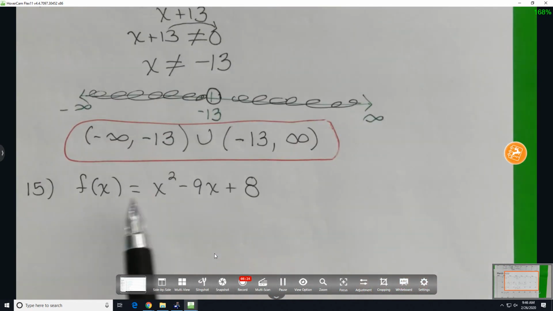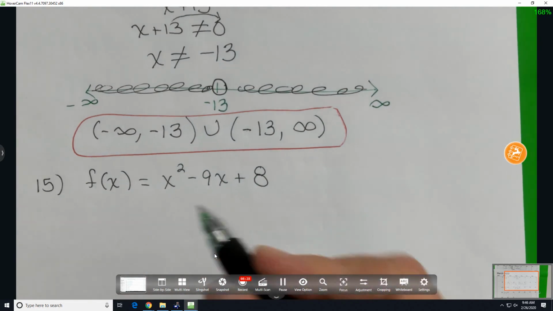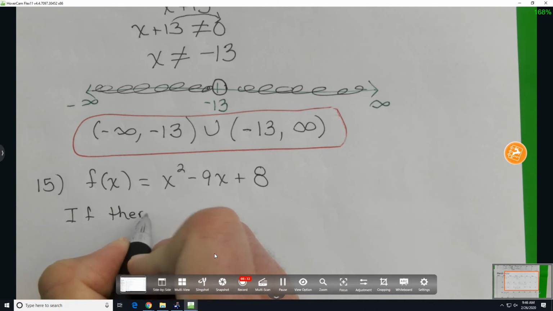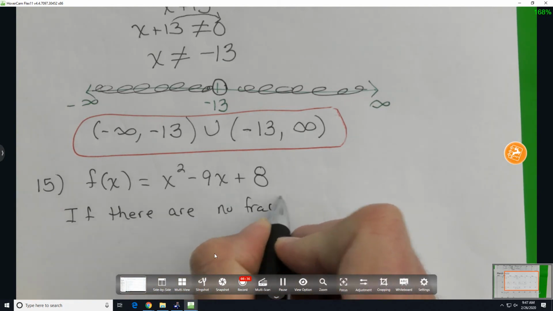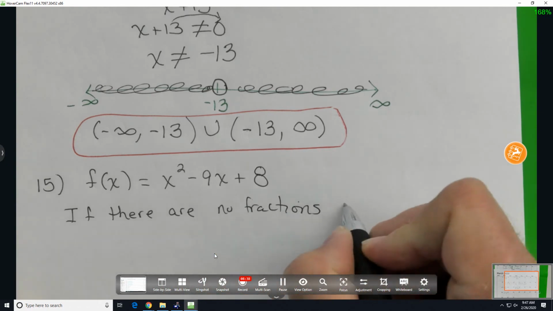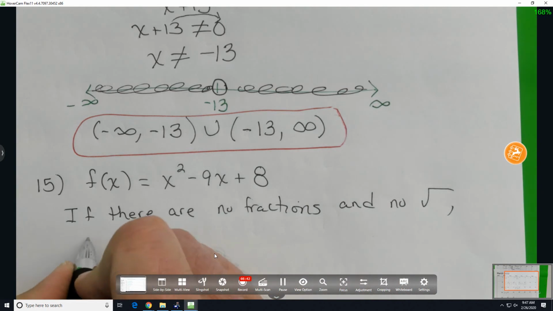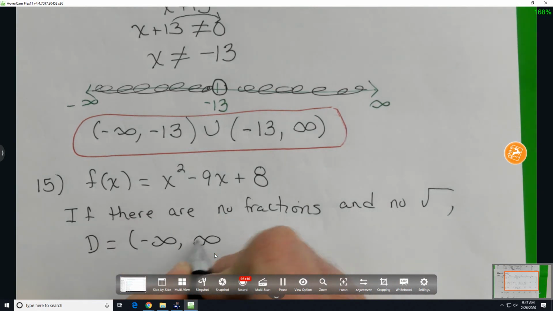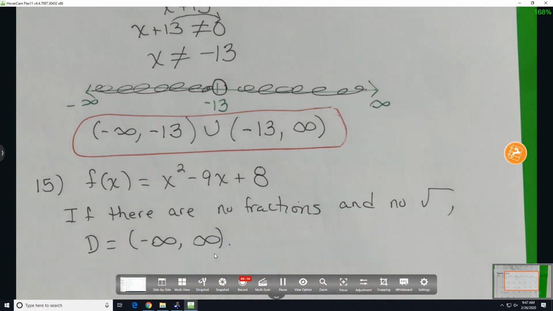If there's no fractions and no square roots, like number 15, the domain is just all real numbers, which we're not going to write out in words because heaven forbid someone might be able to understand what we're saying.